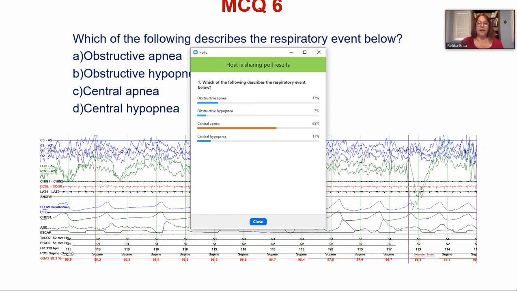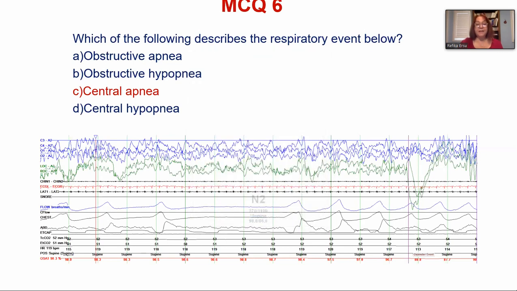Yes, so I agree with that answer. So this is a central apnea. There is no flow, so this is not a hypopnea, but a central apnea. Apnea is defined as greater than 90% decrease in the flow, and hypopnea as greater than 30%. So we decide this is an apnea, because it meets the length criteria. Then we decide if it is central or obstructive.